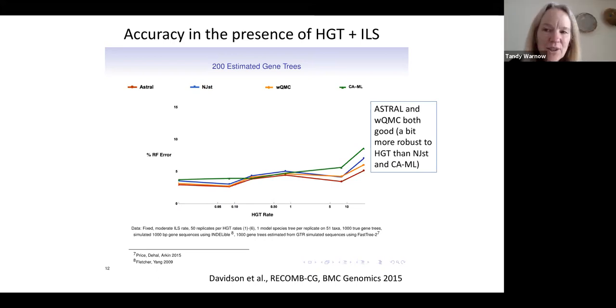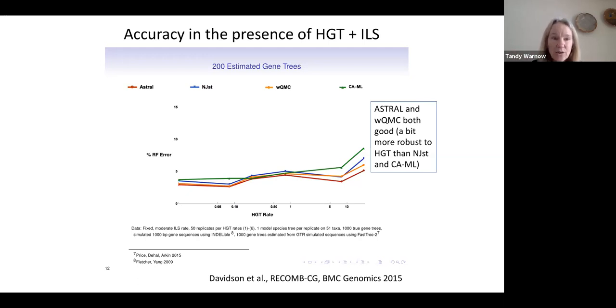Let me tell you a theorem that is in all of these papers. The reason ASTRAL is statistically consistent is that under ILS, the most probable quartet tree is the species tree. The same theorem was proven for duplication and loss and for random HGT.